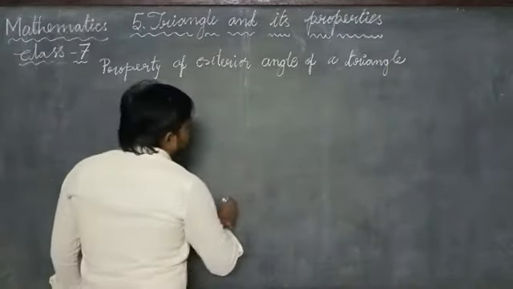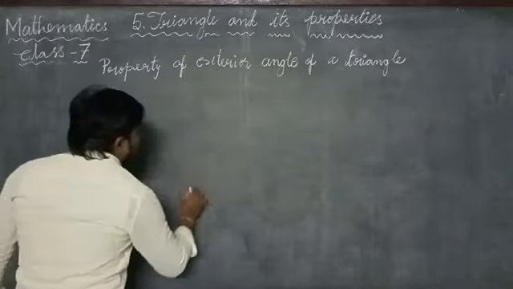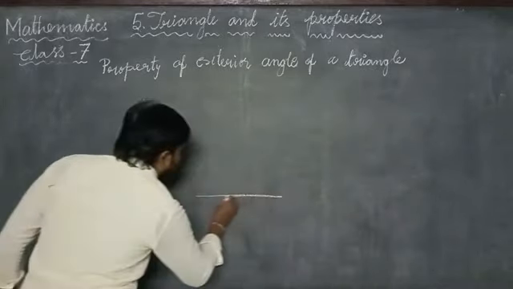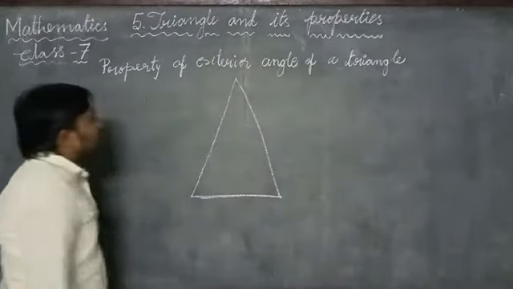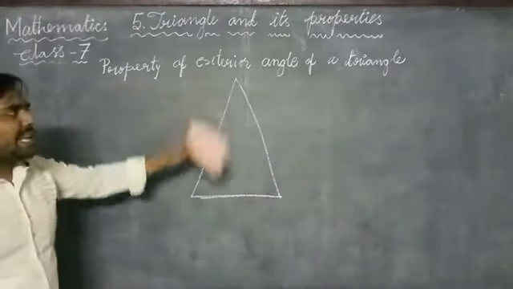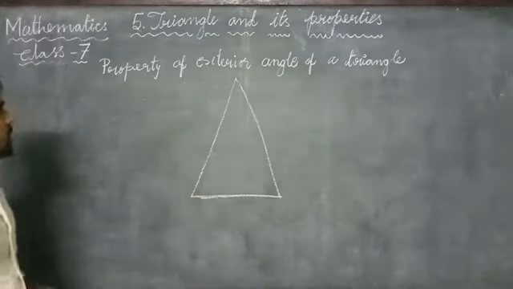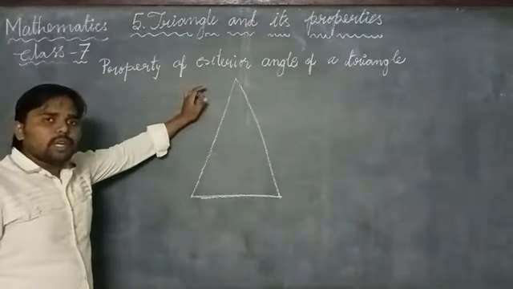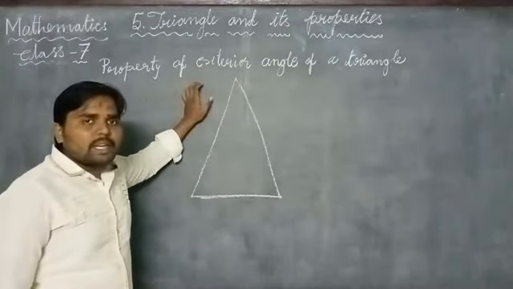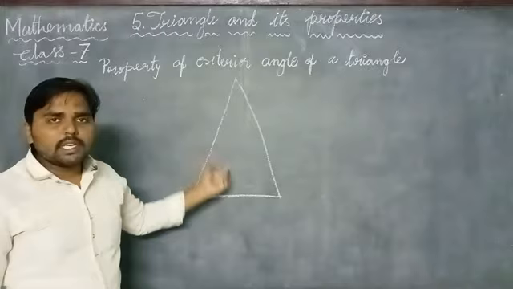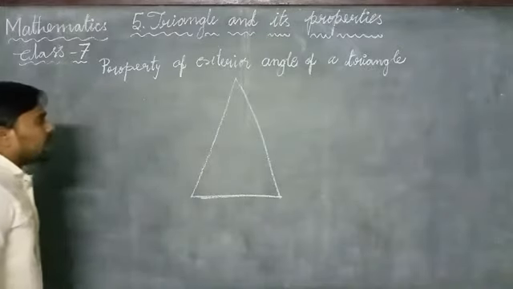Now let us draw the triangle ABC. How to prove the property of exterior angle of a triangle: any one exterior angle of a triangle is equal to the sum of the opposite interior angles of the triangle.